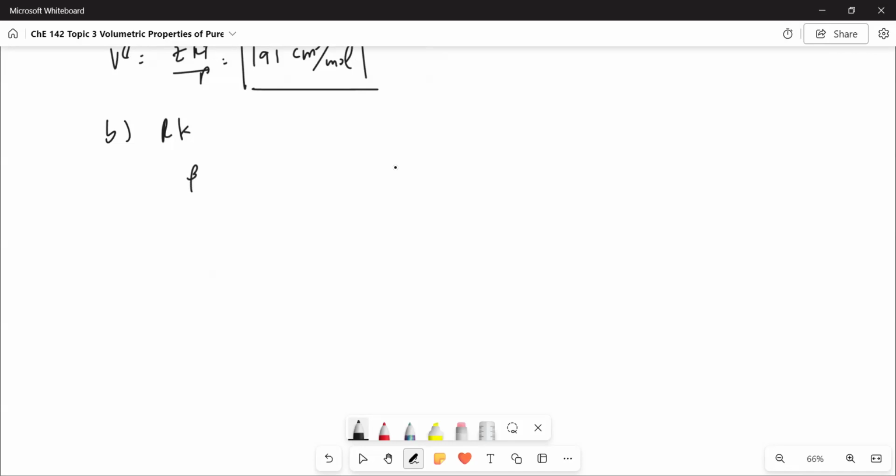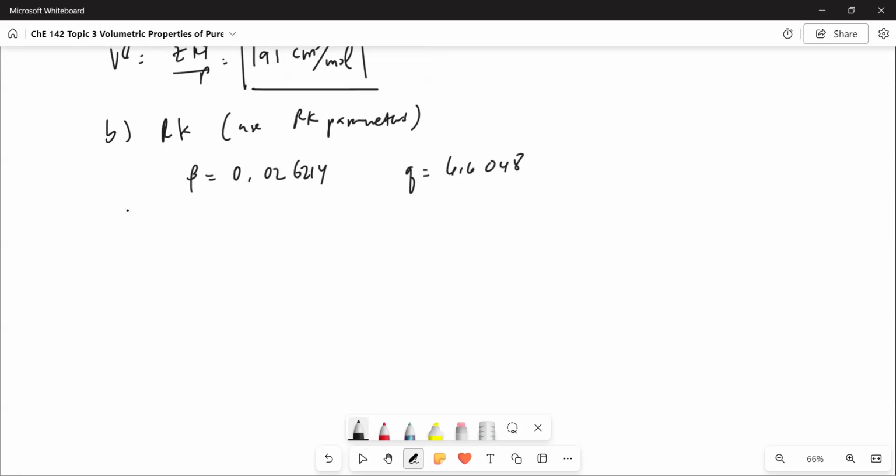I will directly give the final answer, but it's the same. We use the same equations from the previous one. What you will get here for beta is 0.026214, and for q, you will get 6.6048. So use the RK parameters.